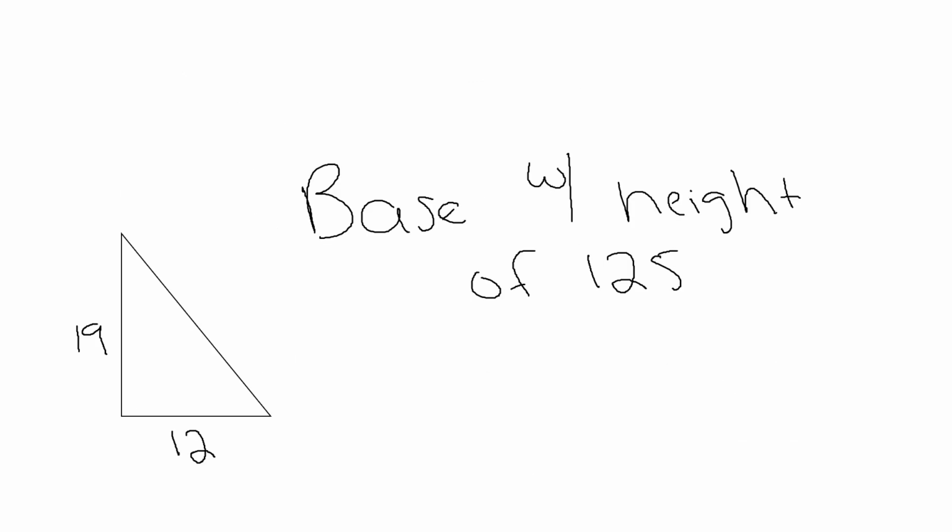All right, let's say that I tell you this is the base of a shape with a height of 125. I want you to find the volume. Well, you need to find the area of the base, multiply that by the height. The area of a triangle is base times height divided by 2.